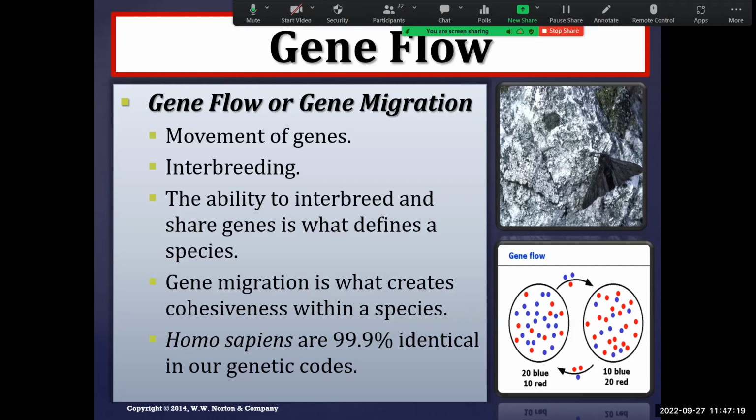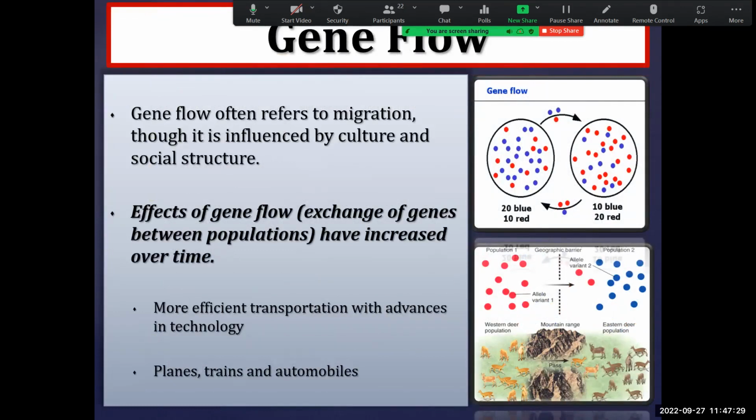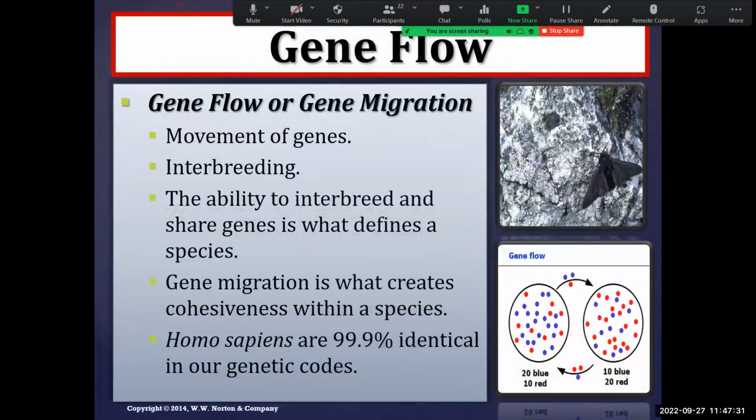We're not restricted to only having children with those that live within our immediate city or town. We can have children with people that live very far away. So this is a good thing in the name of evolution. It creates a diverse gene pool. It creates genetic cohesiveness. Modern day Homo sapiens are 99.9% identical in our genetic codes.